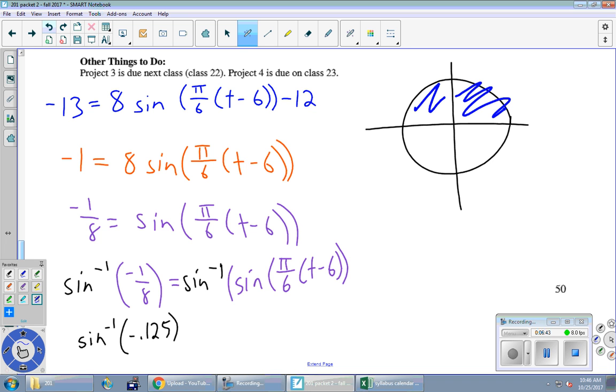No. If I'm in this quadrant, am I going to find any? No. We've got to be down below. Remember, this is -1 here at the bottom, so -0.125 is maybe up there somewhere. Right around there, I think that's good enough.